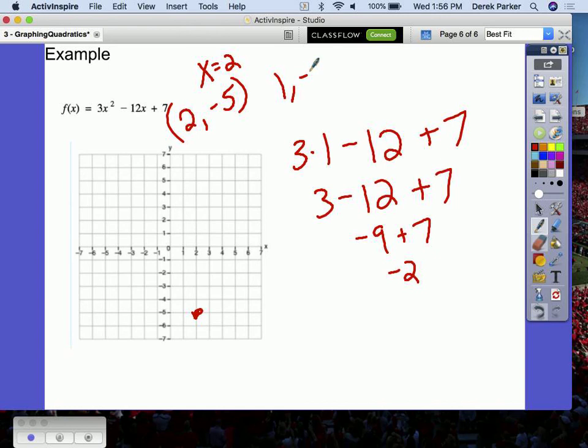So that means (1, negative 2) is the next coordinate. And that also means (3, negative 2), because it's a mirror image. Now remember to use a table when doing this. I hope this helps you when graphing quadratics.